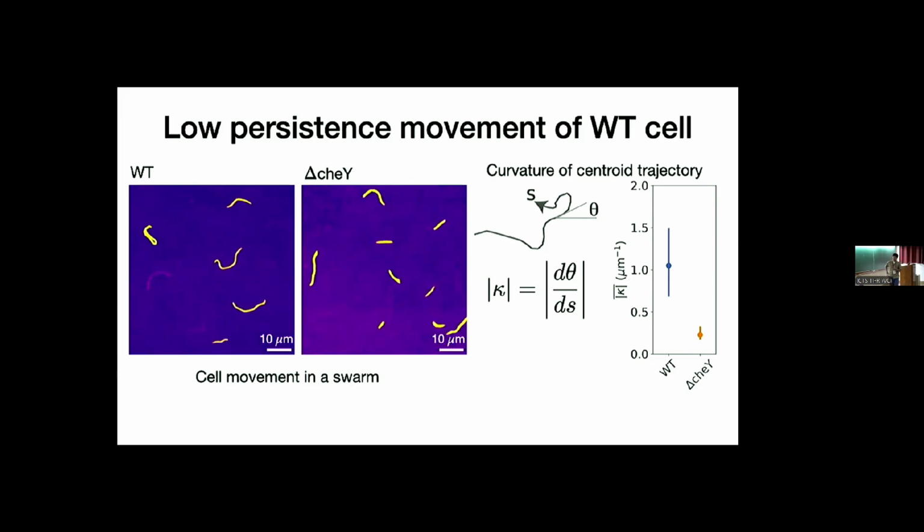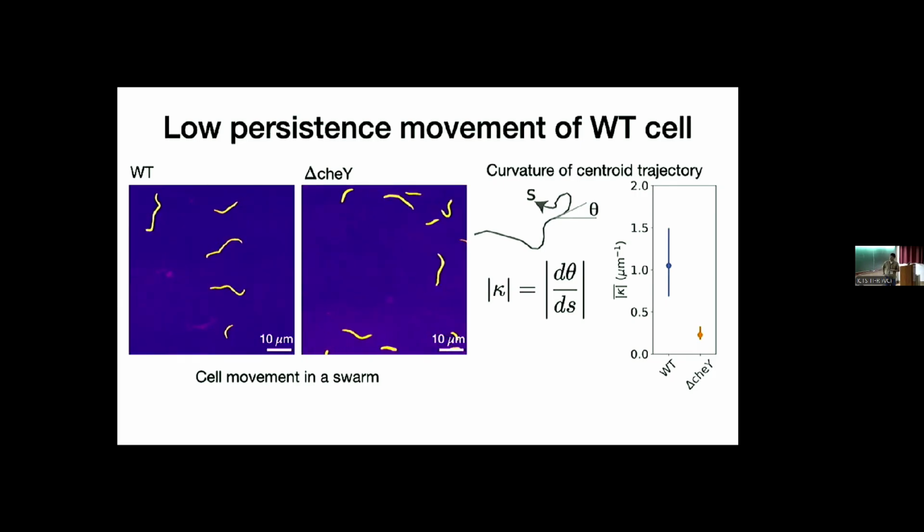So to characterize these dynamics, we computed the curvature of the trajectory like this. But now we don't need to take care so much of the sign of the curvature. The curvature could be positive or negative, depending on left-handed or right-handed, so we took the absolute value.